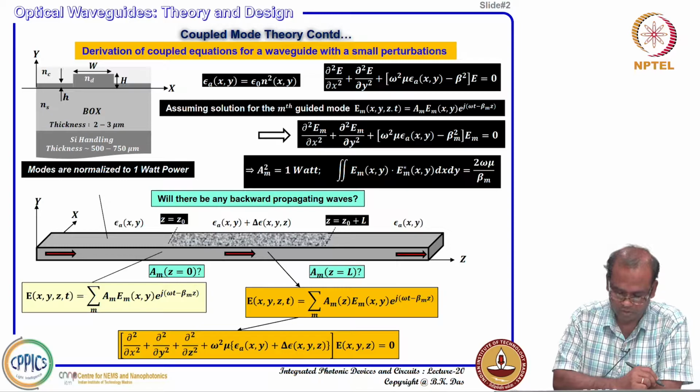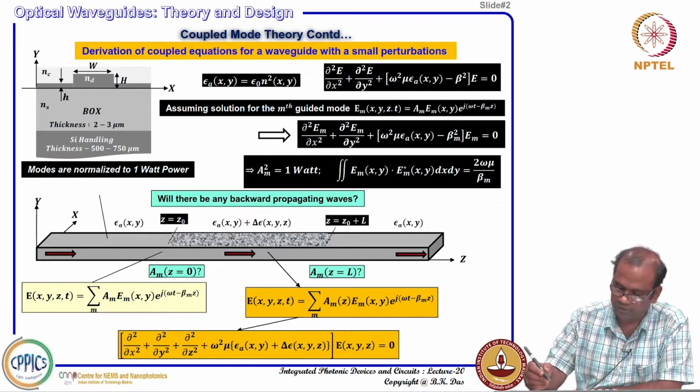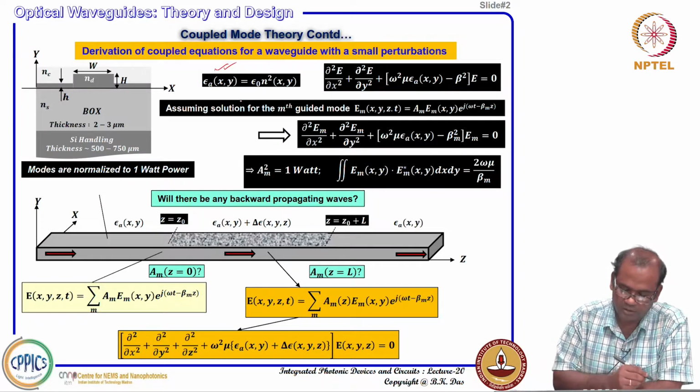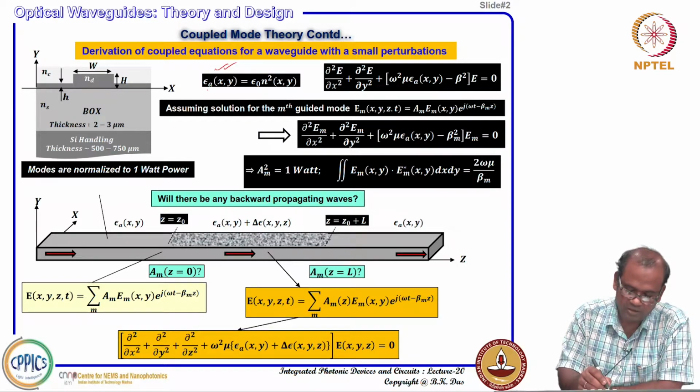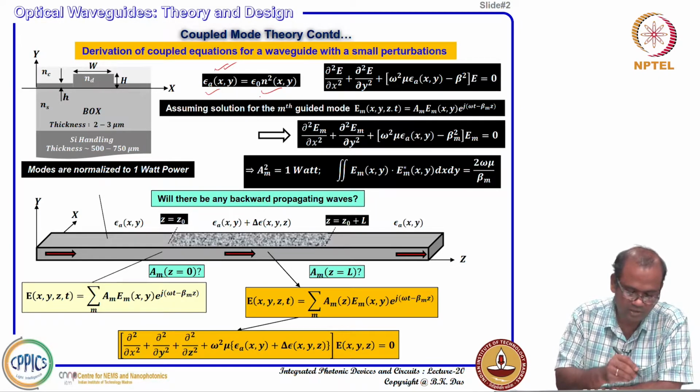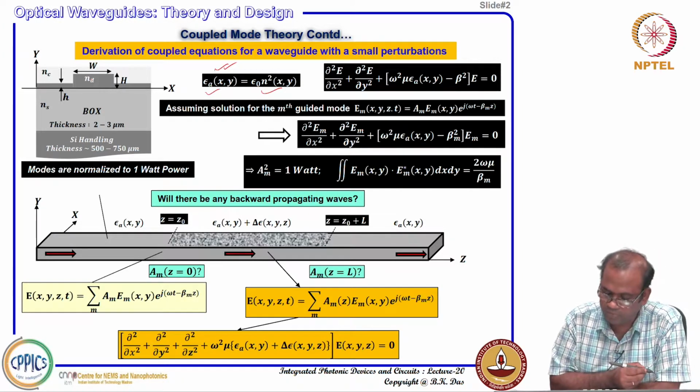We already discussed that if there is no perturbation, that means a simple waveguide, the cross section is defined by dielectric constant epsilon A(x, y), and it can be represented in terms of the refractive index profile of the cross section. It is just a representative waveguide shown here, a silicon on insulator waveguide.